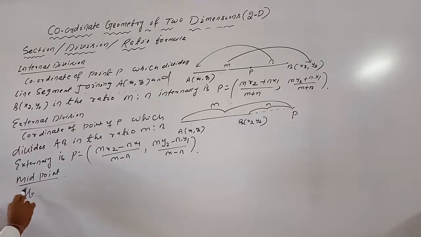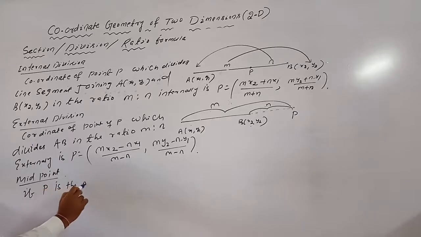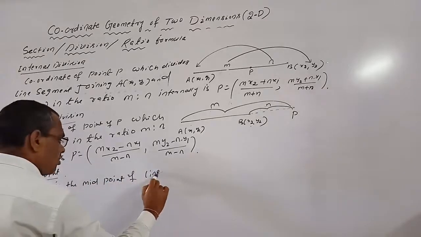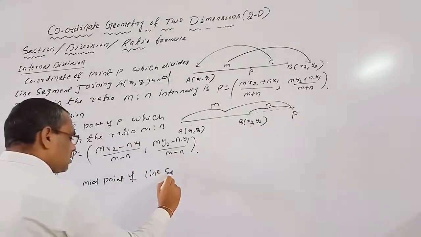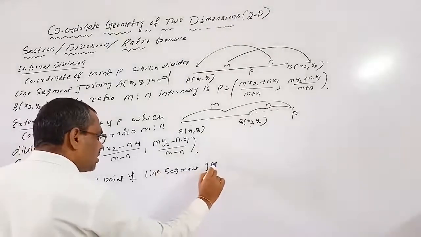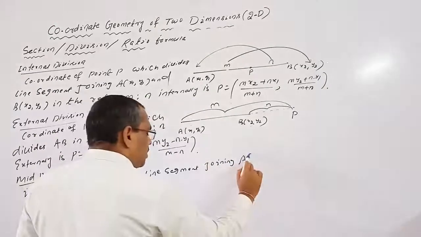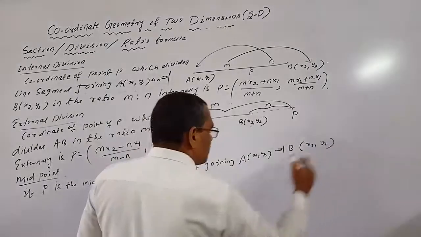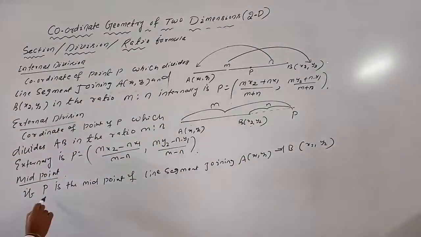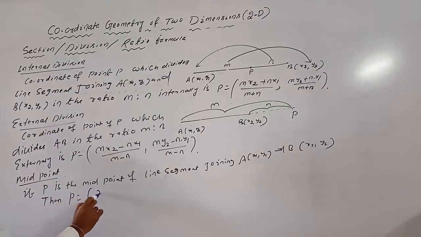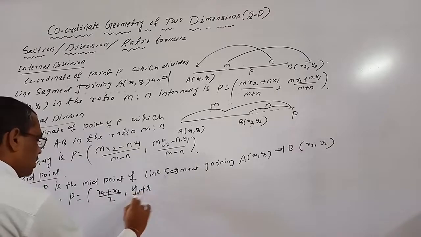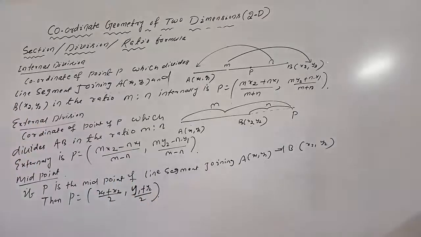Okay, if P is the midpoint of the line segment joining A of x1, y1 and B of x2, y2, then P equal to x1 plus x2 by 2, comma y1 plus y2 by 2, the sum of x coordinates by 2 and the sum of y coordinates by 2, which is the midpoint coordinate.